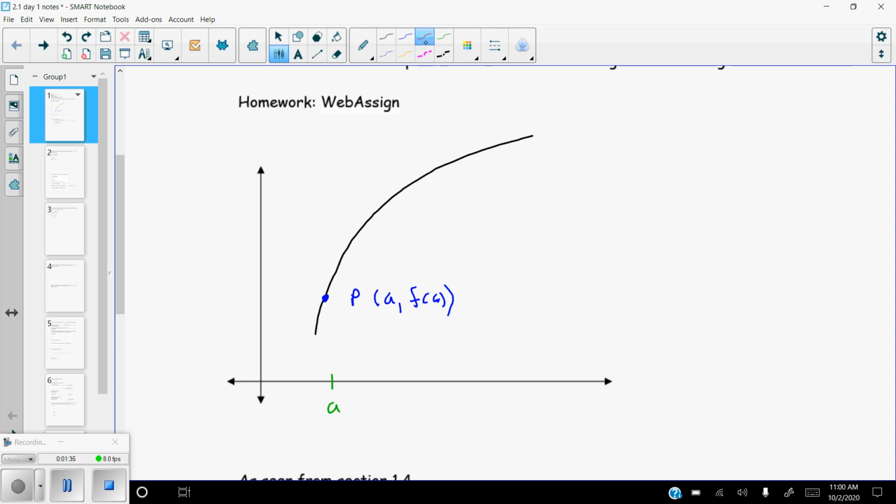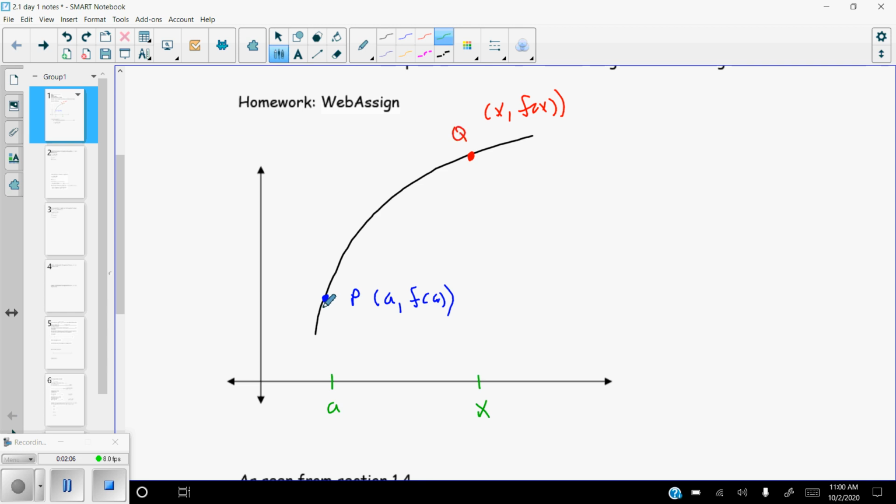So if we were to take a second point anywhere, we'll just put it up here for right now, and we'll call it Q. And we'll call the related x value for Q, x, just because we need a different name other than A. So that makes our point the point x, f of x.